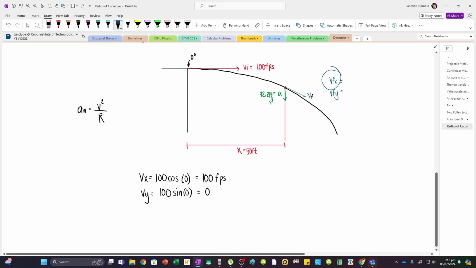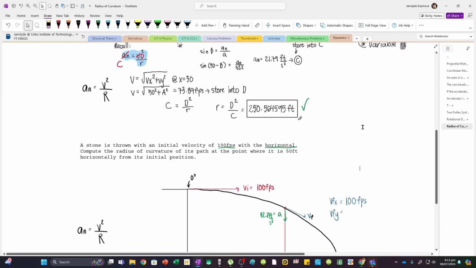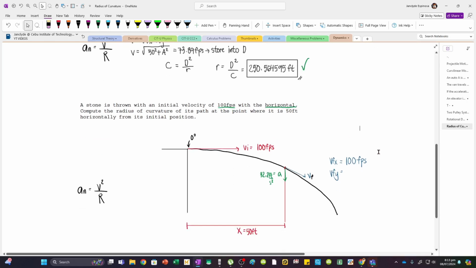Now, Vfx will not change. It will still be 100 at any point along the path. But Vfy will change kasi diba, we have a downward acceleration. Now, how can we compute Vfy?